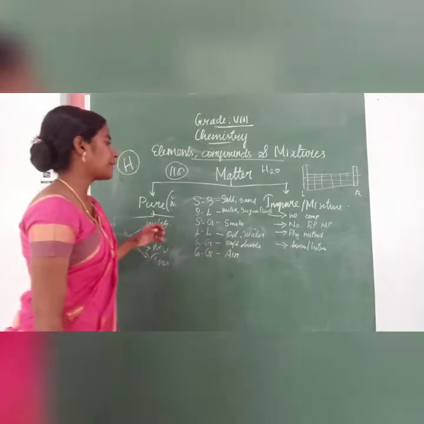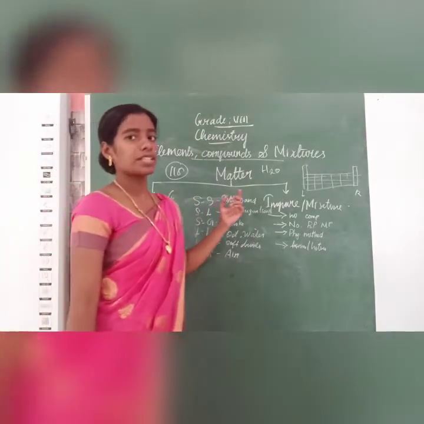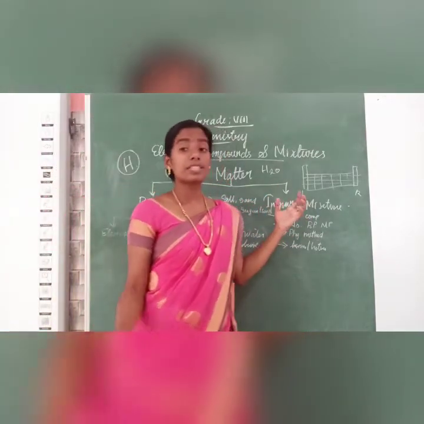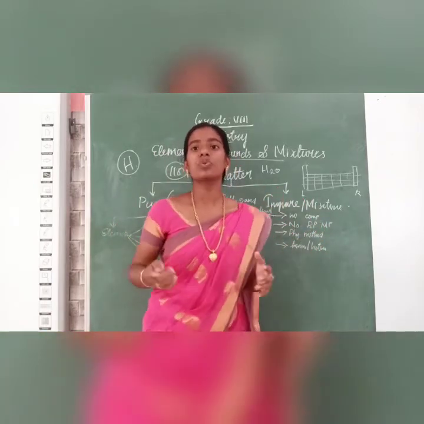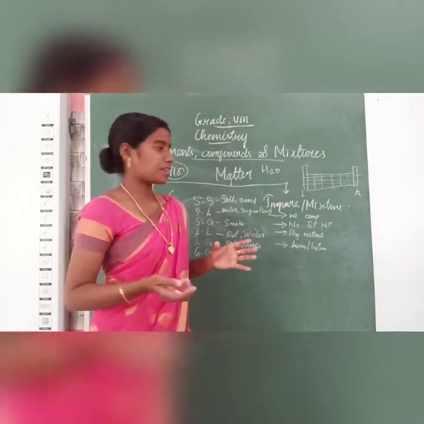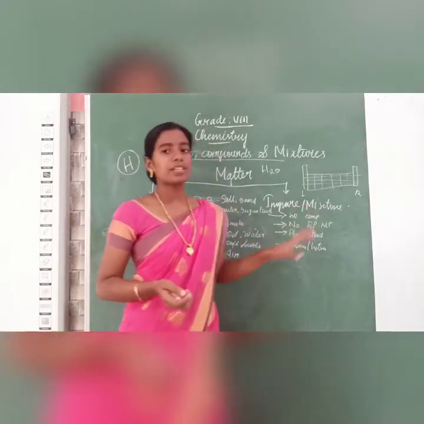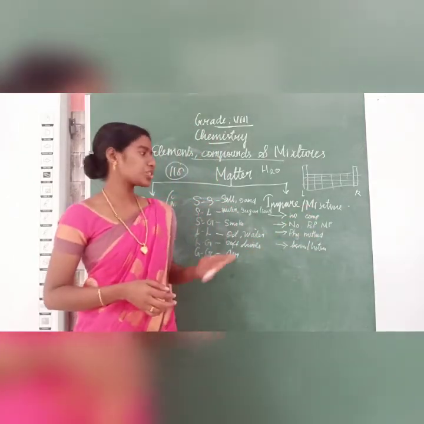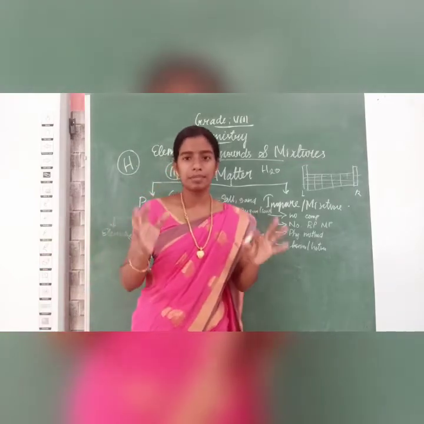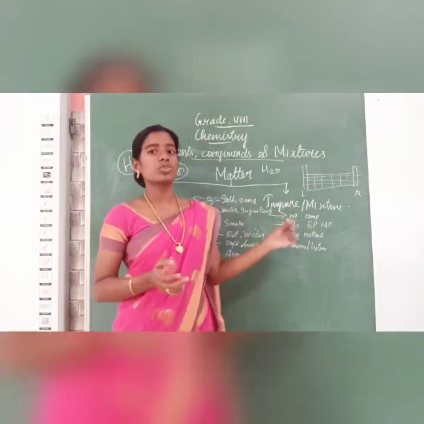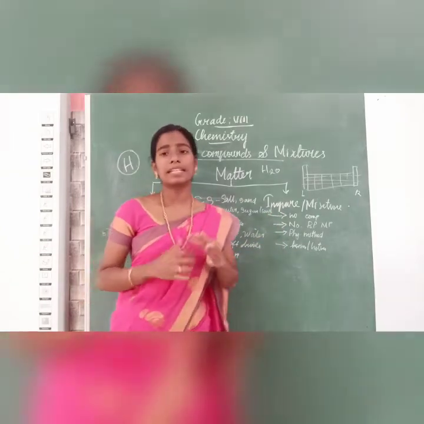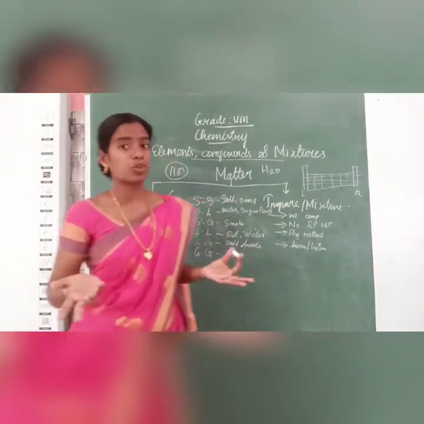I repeat, a mixture is a combination of two or more pure substances. The properties are: it does not have a definite composition, it does not have a definite boiling point or melting point, it can be separated by using physical methods, and it can be homogeneous or heterogeneous.